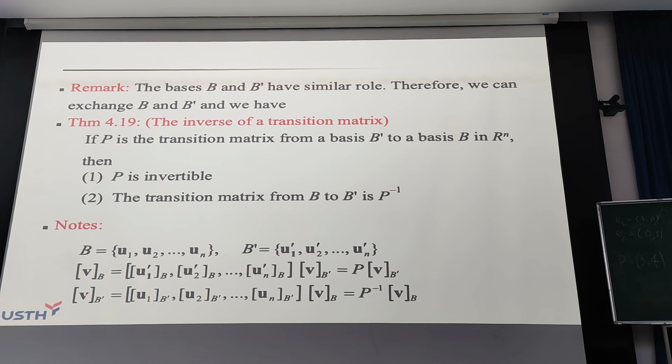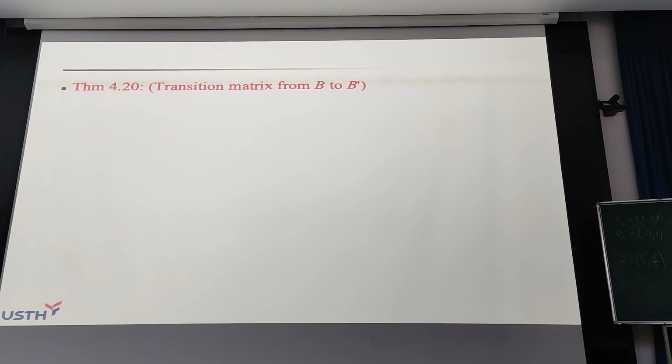Or we can say the coordinate of v relative to B prime equals P inverse multiplied by the coordinate of v relative to B. So that line and that line are the same. It says only P is invertible and we can exchange the roles of B and B prime.